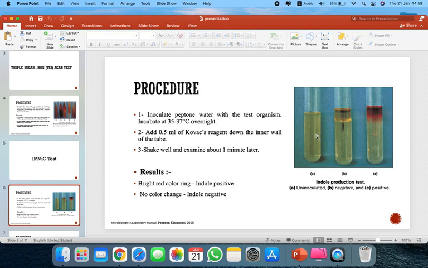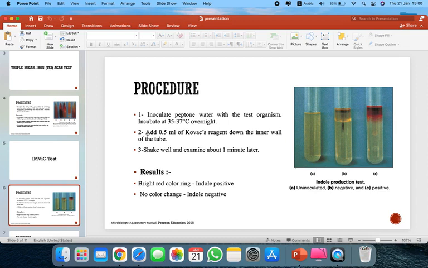So I have the test tube here. The procedure is so simple. The media will be peptone water with some intestinal microorganisms. After that I have to incubate this at 35 to 37 degrees overnight, which means sometimes 12 hours or 24 hours.